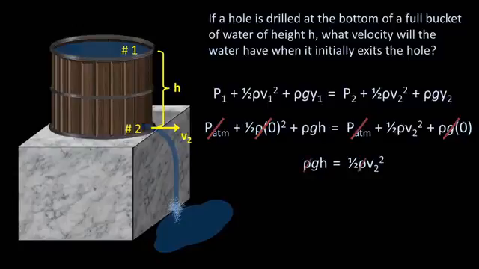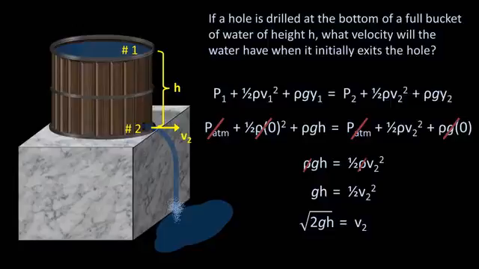Densities cancel, and solving for v2, we find that it is equal to the square root of 2 times little g times h. There are a number of fascinating things about this rather elegant solution. First, the velocity of the fluid coming out is independent of its density. Whether it's water or mercury, the velocity will be the same.